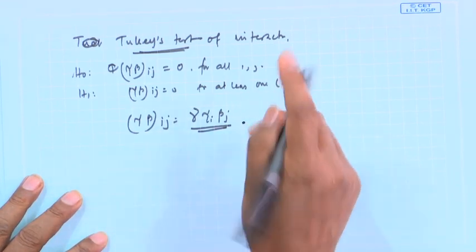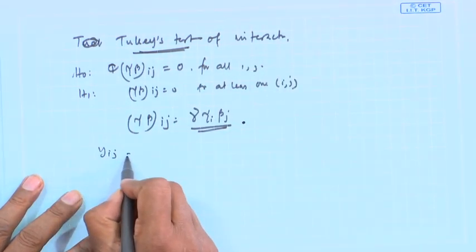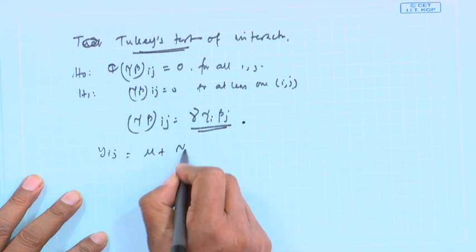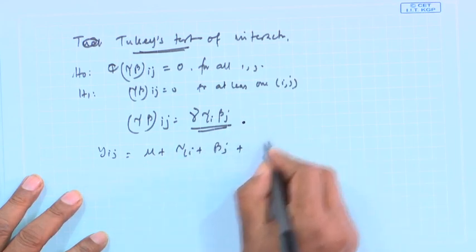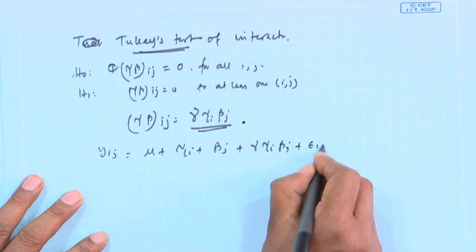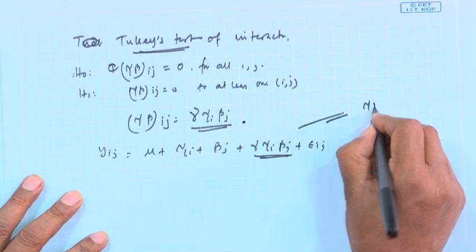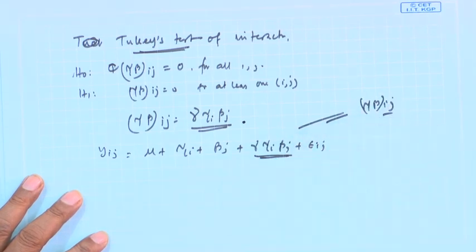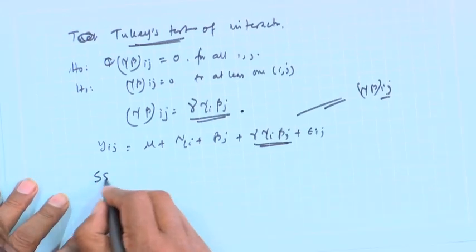Then you put this in the original equation: y ij equals mu plus tau i plus beta j plus gamma tau i beta j plus epsilon ij, because this is what tau beta ij is equal to. Then you find the error SSE.